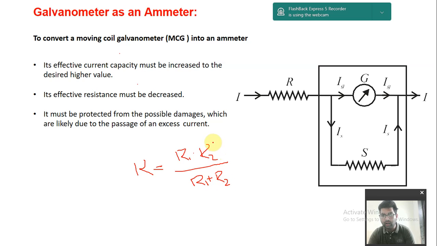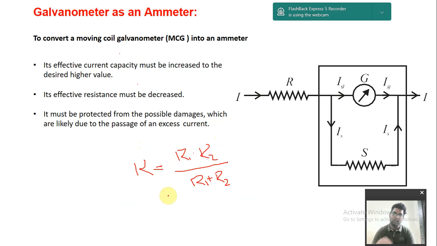Now suppose S is my R2. If R2 is very small, a fraction of R1, suppose it is 1/10 of R1, or 1/20 of R1, then ultimately the resistance is decreased by 1/20, isn't it?